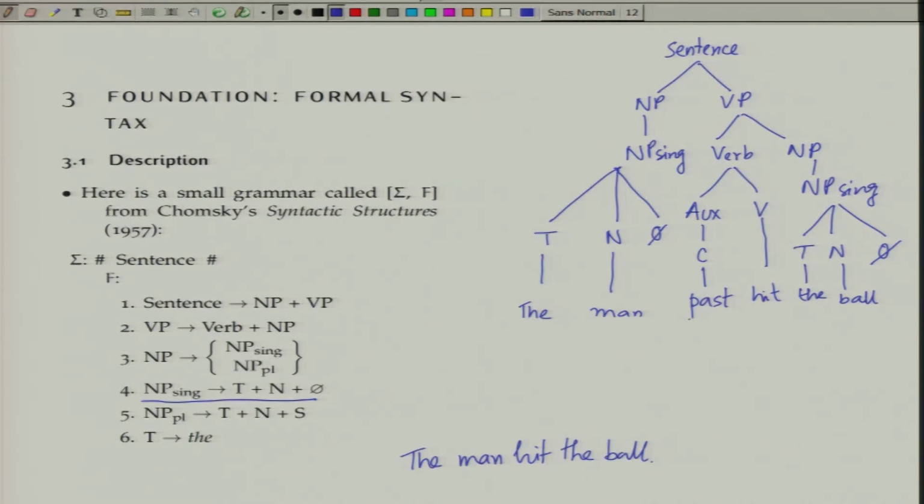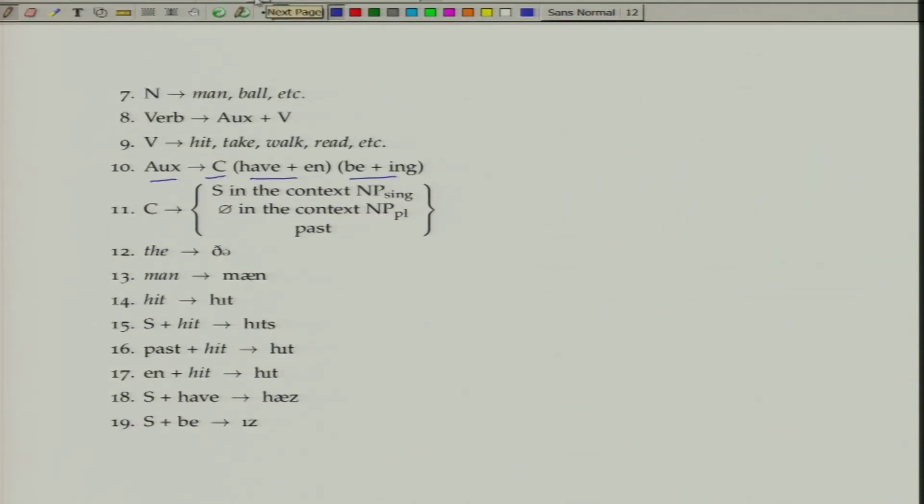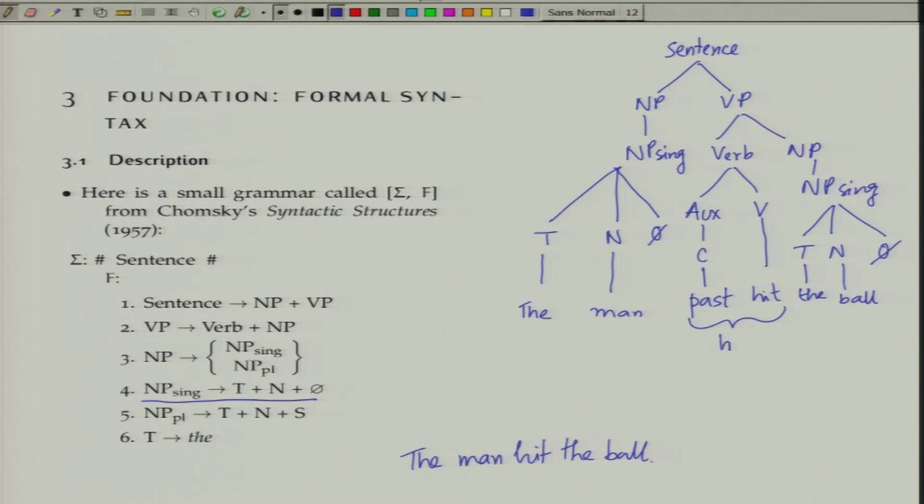Now there is a morphophonemic rule we shall see, which tells us that past plus hit is actually hit. Now remember, this is a word, an abstract thing, but this is a physical thing made up of speech sounds, real speech sounds like H and I and T. So it is actually hit. So now we know how this goes to this sound.